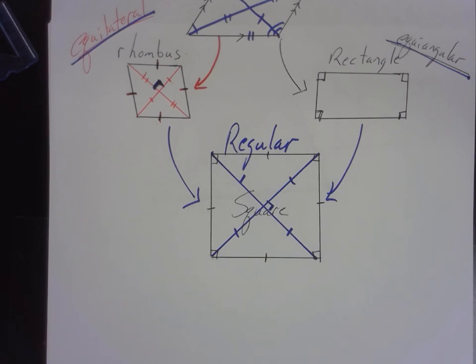Let's look down at example 2, partway down the page. Let's classify that thing. Is it a polygon? Yeah. Is it a quadrilateral? Yeah. Is it a parallelogram? Yeah.